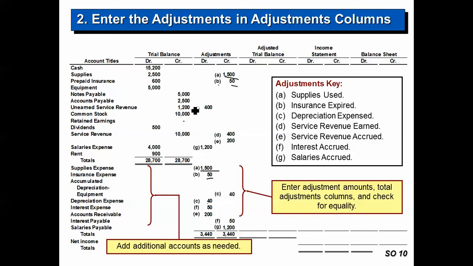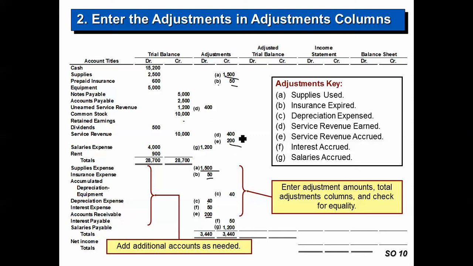D was a debit to unearned service revenue and a credit to service revenue. Now the next one, E, was a debit to accounts receivable, and we don't have accounts receivable up there, so we put it down here, accounts receivable, and another credit to service revenue.